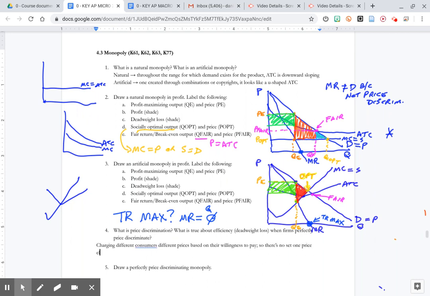But it eliminates deadweight loss because it allows the firm to charge prices at the different levels of marginal cost. So in other words, they're going to produce all the way over to where demand equals supply. Another way to say this would be that it makes MR equal demand. It makes the marginal revenue equal the demand again, which is equal to the price. So that's why that happens.